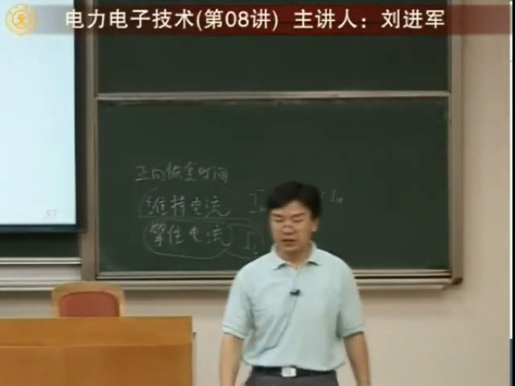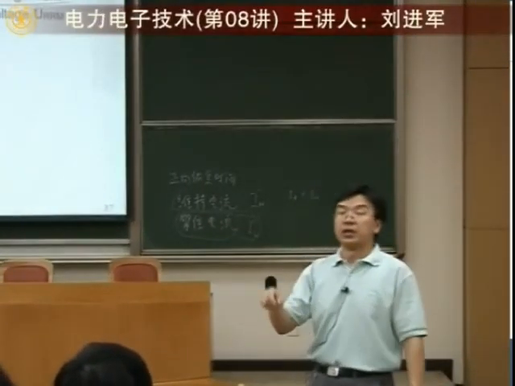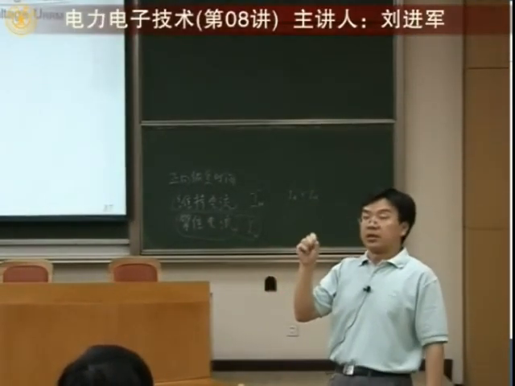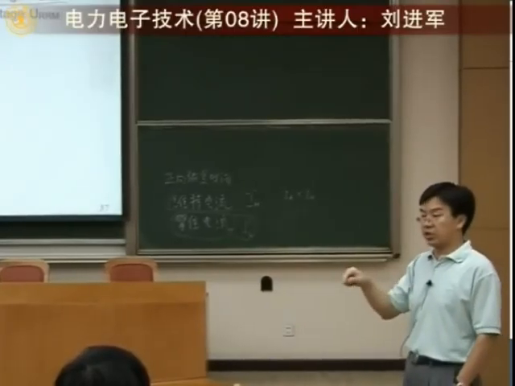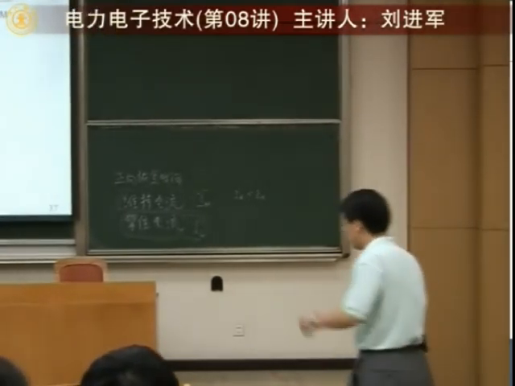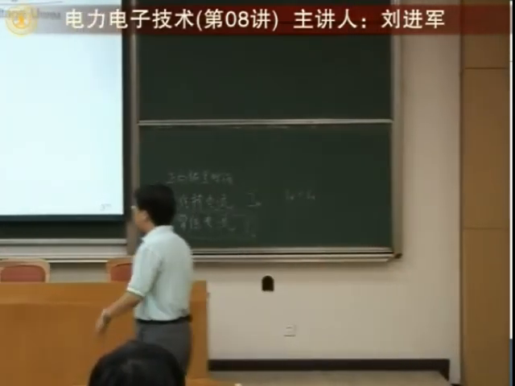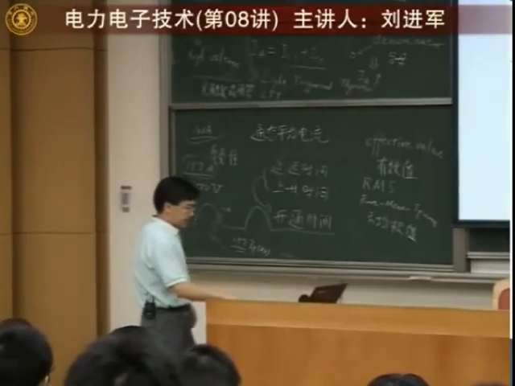If you want to turn off thyristor, the current doesn't have to be exactly equal to 0. The condition is that as long as the current is smaller than IH, then this thyristor is turned off. Okay? So we'll get into the details of all these specifications. I will not get into details in the class. Okay?